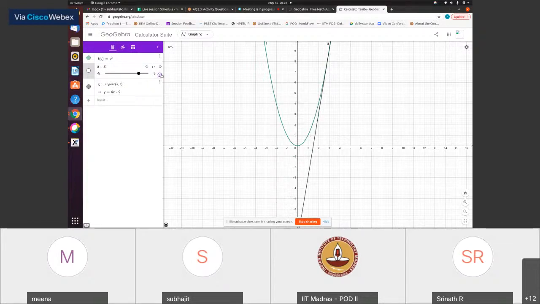So you can see how the tangent will behave when the point changes. At x equal to 1, the tangent will be this line, right? And when we are coming from x equal to, suppose, -1, the tangent will be on this side. So the slope of the tangent is nothing but the derivative of the curve at that particular point.